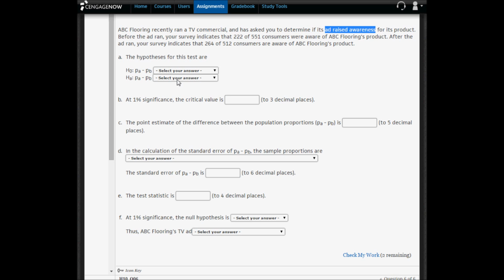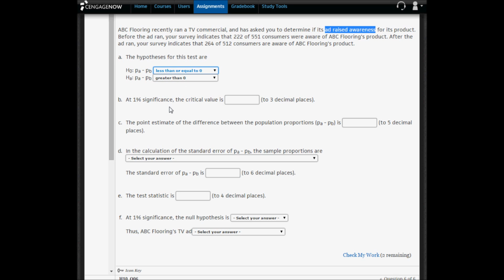Which means the alternative hypothesis is that this difference here is greater than 0. The null hypothesis would be the difference in these proportions would be less than or equal to 0.